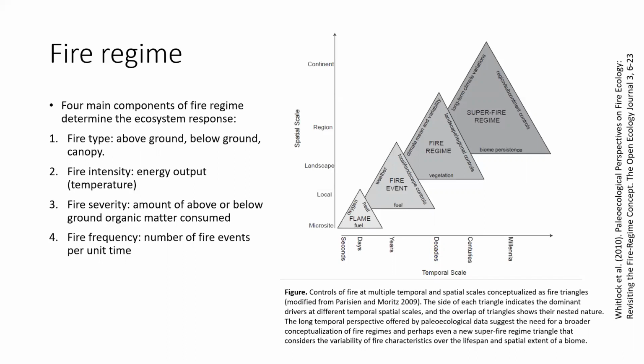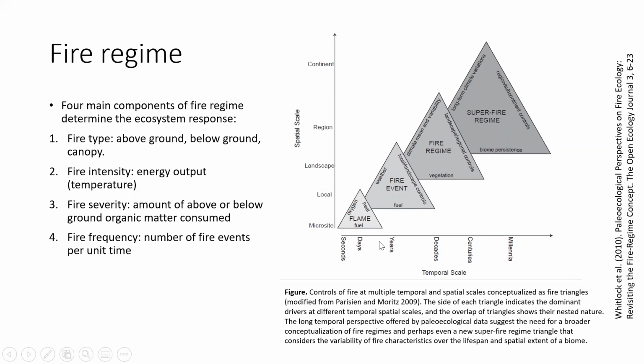And here in the figure, you can see this conceptual figure of the temporal and spatial scale of the factors that affect fire and determine the scale of the fire. So basically when we are on the scale of seconds, hours or days, and in a very local scale, just in one place, we may just have a flame, and that is basically affected by oxygen, heat, and fuel.